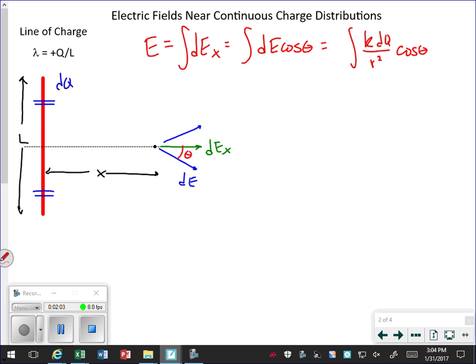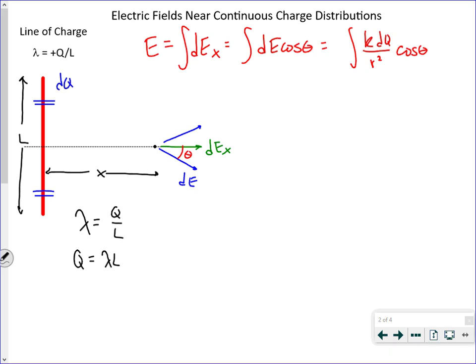At some point you're going to have to deal with the fact that this stick has a charge density q over L, and therefore a total charge of lambda L, and therefore an elemental amount of charge can be written as lambda dL, which we might call a little dy.